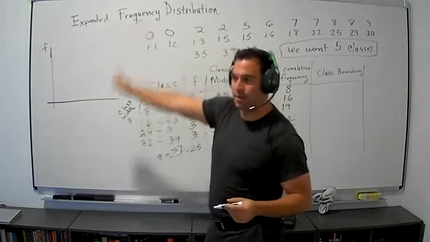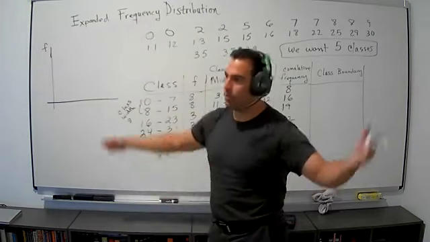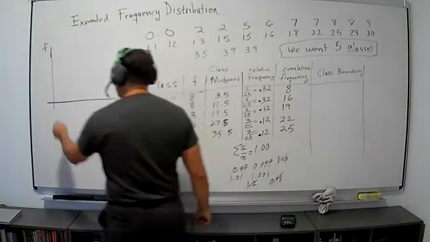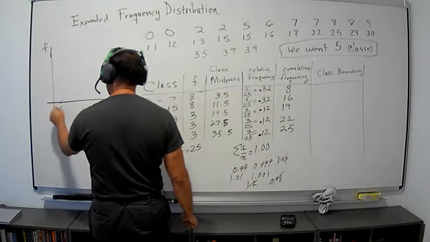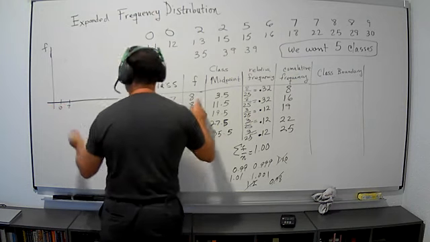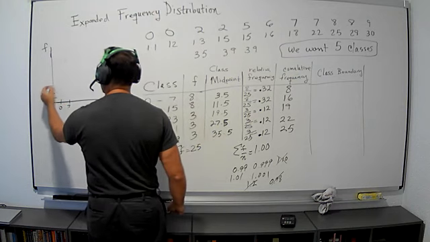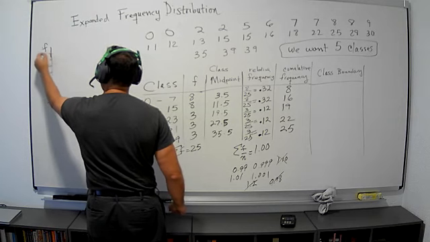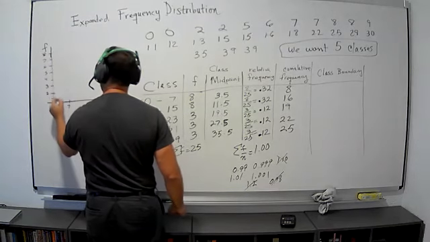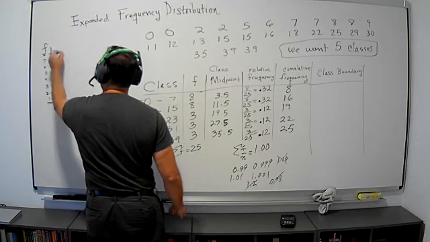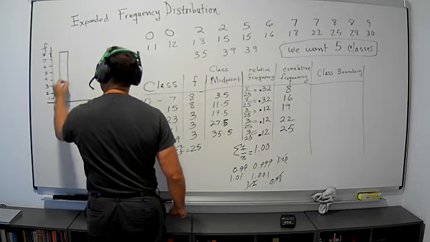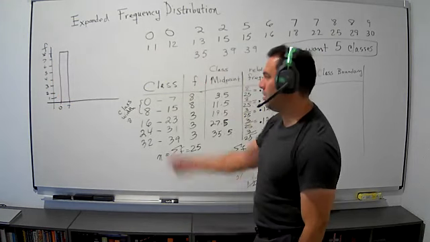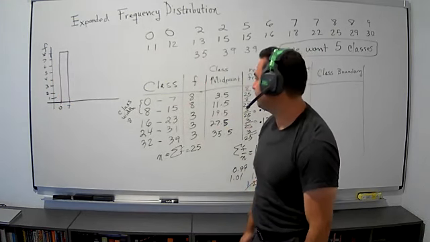We always have that. Frequency, for the most part, is going to be on the vertical axis. Here, let's do from 0 to 7, and we say it's 8. So we have 1, 2, 3, 4, 5, 6, 7, 8. Now we have a bar that goes up to 8. So there it is. It went up to 8.